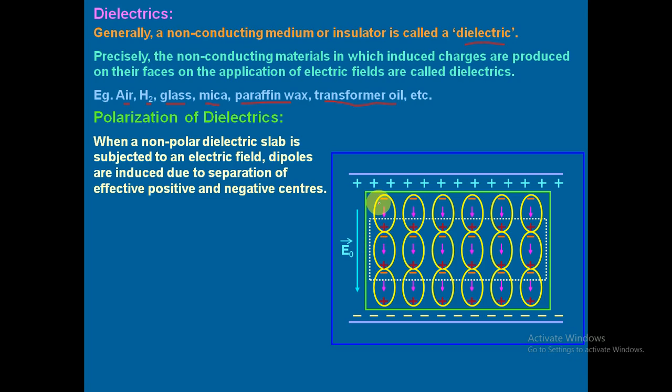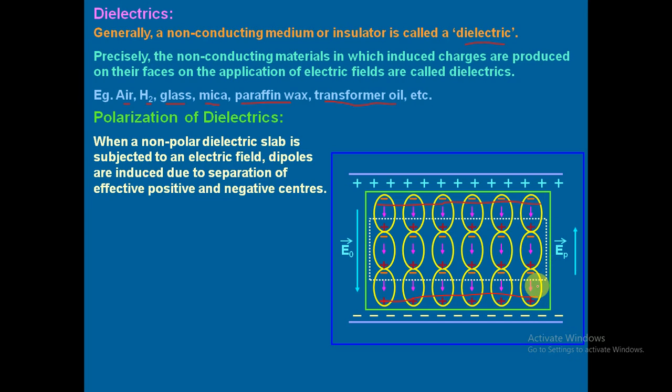But you see on the faces of the dielectric, these negative charges and these positive charges are going to get induced in the presence of the electric field. That means inside the dielectric some field will start existing because of these induced charges. Here you can see positive charges have appeared, and here negative charges are going to appear.